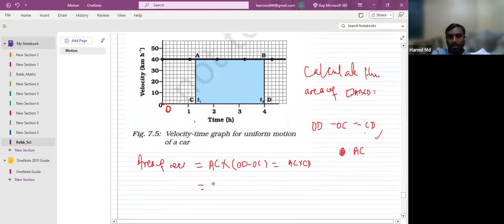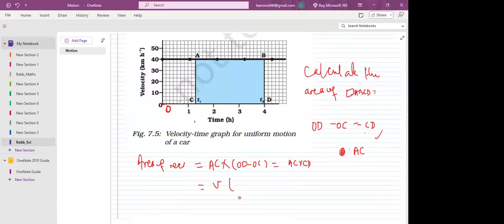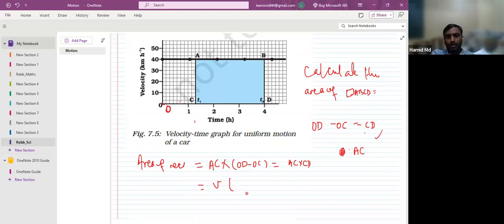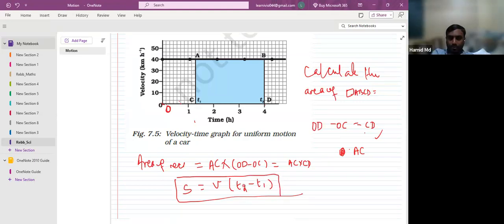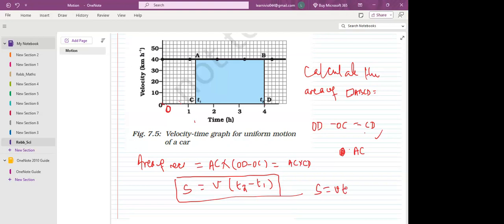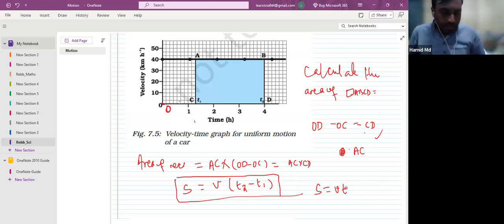Because along the y-axis we have velocity, and along the x-axis we have T2 minus T1. So the area under the velocity-time graph gives the displacement, right? So we got S is equal to VT, a very famous relation. Clear? Yes, sir. So the area under the velocity-time graph gives displacement.